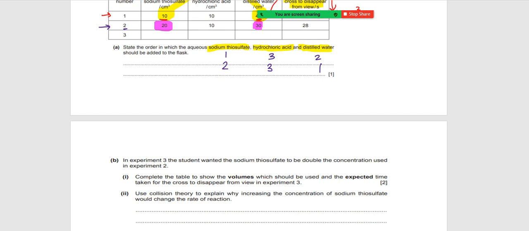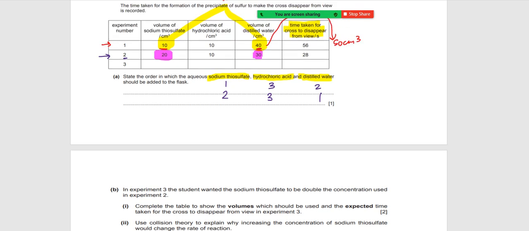In experiment 3, the student wanted the concentration of sodium thiosulfate to be double the concentration of experiment 2. Okay, think a bit, please.